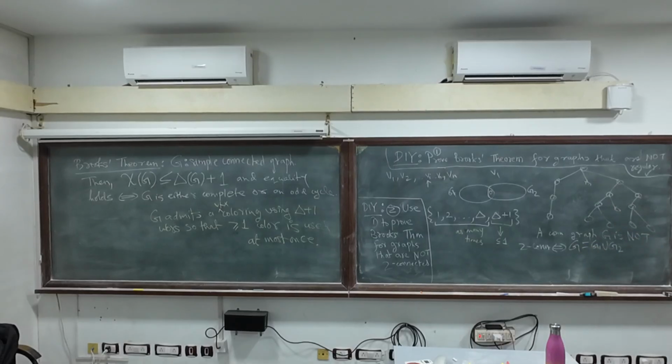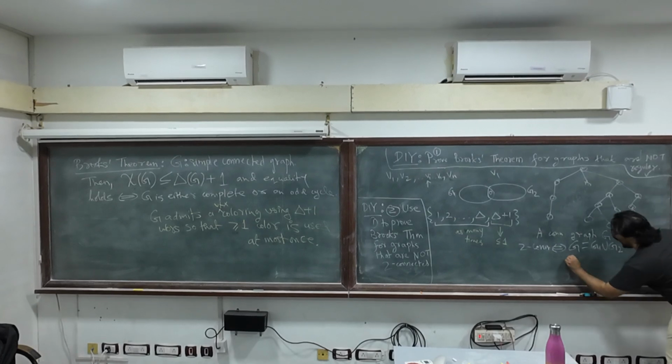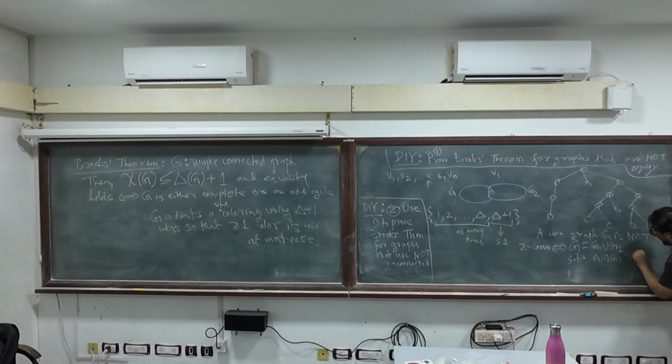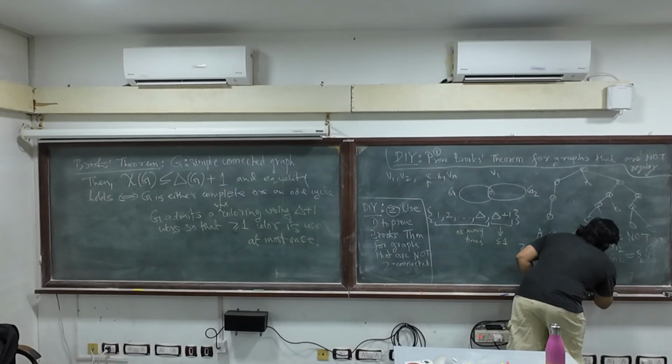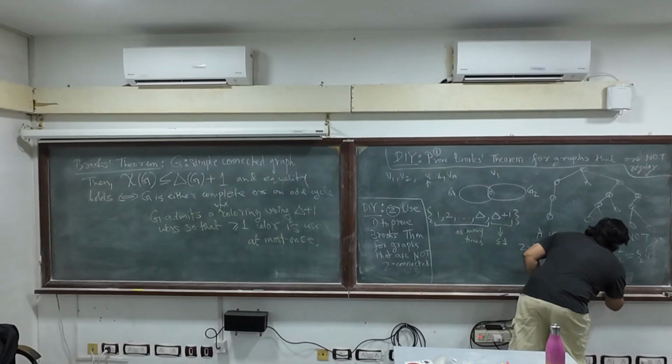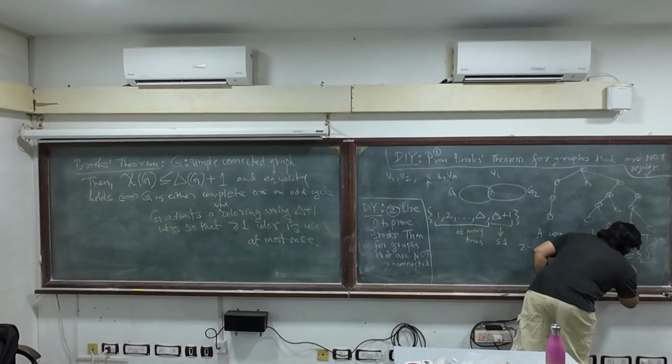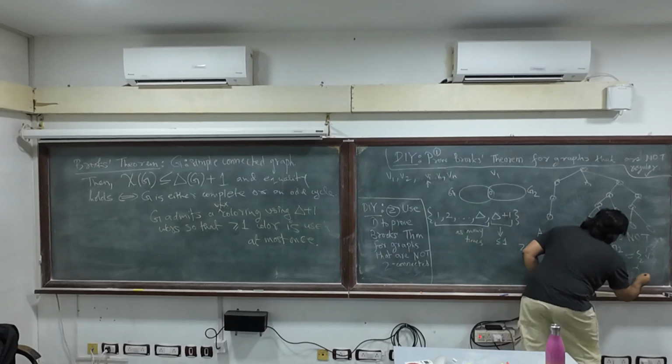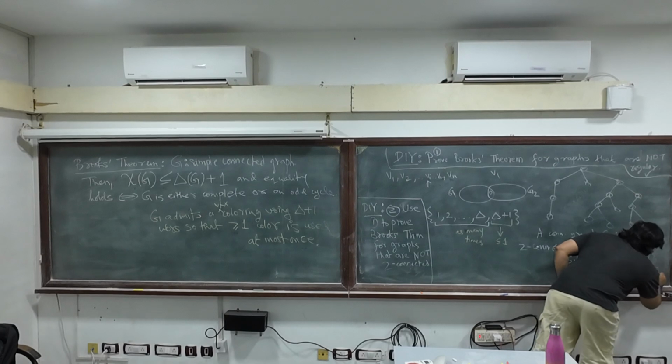I'm taking the union of two graphs, which means you take the union of the vertex sets and you take the union of the edge sets, such that their intersection is exactly one vertex. This is the vertex, and each of them has at least one edge, because otherwise every vertex would be a so-called cut vertex. Otherwise this is actually trivial. Each of these is non-empty for i in 1, 2.